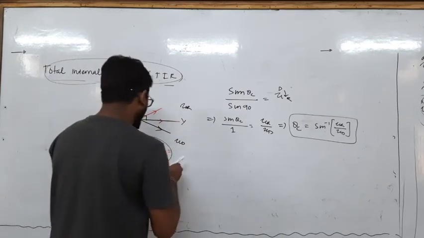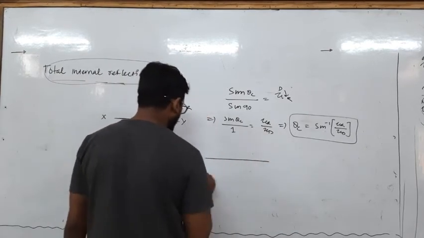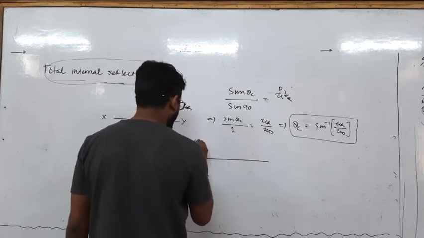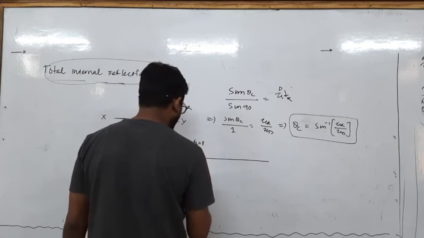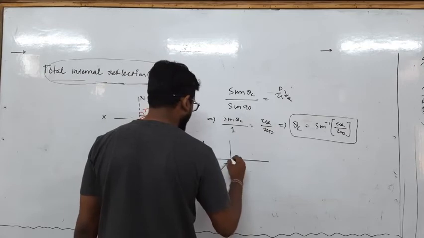Clear? For an example, here is a medium with refractive index √2 and this one with refractive index 1. Let mu r equal 1 and mu d equal √2, and light travels from the rarer to the denser medium like this.